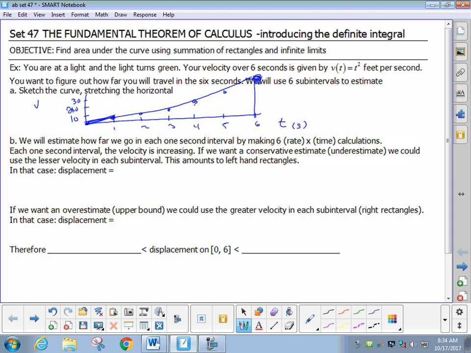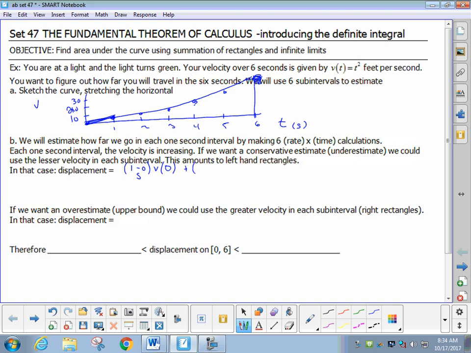So to find out how far you went in the first second, from 0 to 1 seconds, which is 1 second, I will use the velocity at time 0. Because I know that the velocity is actually that and more, and that would then be a conservative estimate. That would pretty much be saying that in that first second, I didn't really go at all, which I know I did, but again, we're being conservative.